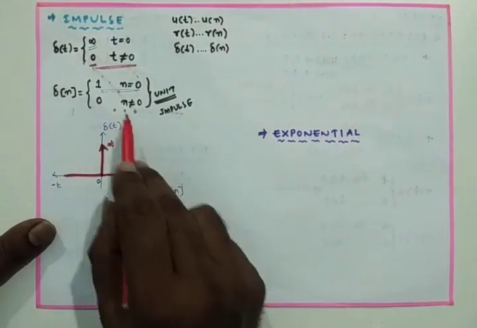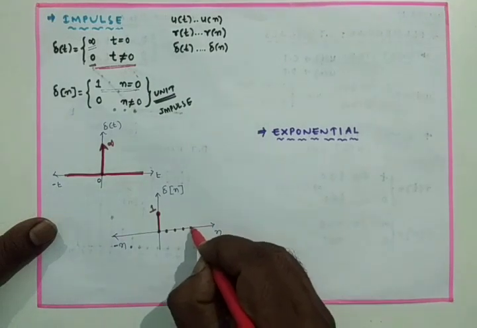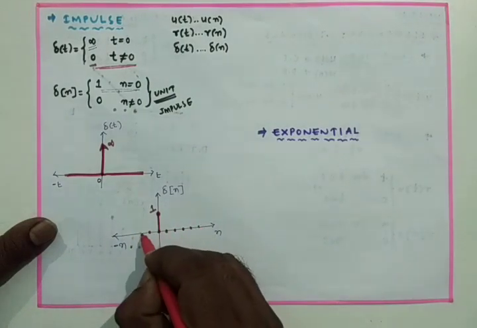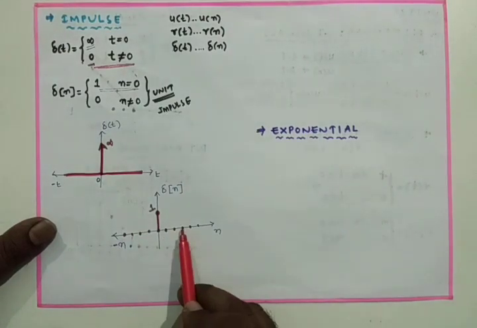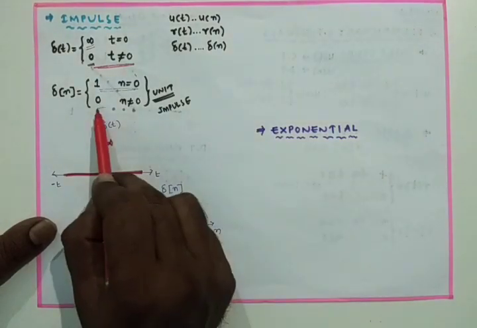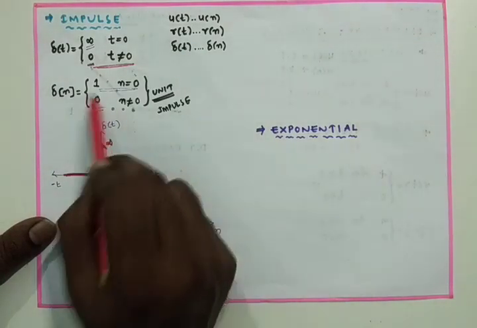The remaining values of n are integers only, positive or negative. At n equal to 1, 2, 3 the amplitude is 0, and at n equal to minus 1, minus 2, minus 3 the amplitude is also 0.